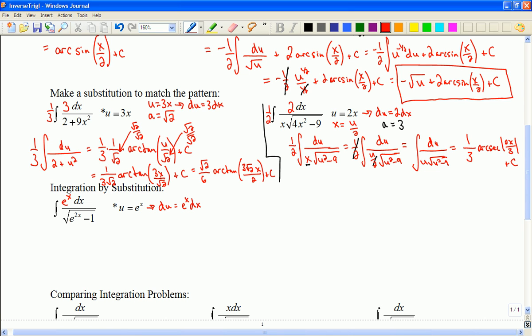But the only way I can do that without changing this function is if I also have an e to the x on the bottom. Otherwise, I've got a completely different integral. So that must be the case now, that I have this e to the x on the bottom and an e to the x on top, so that I can substitute my value for du on top. So before we do too many things at once, I'm going to make that substitution.